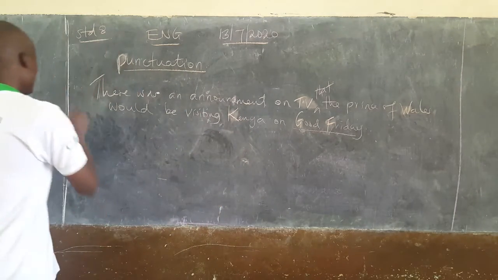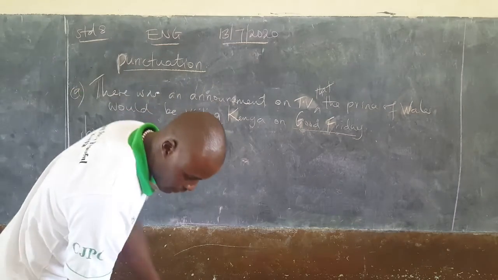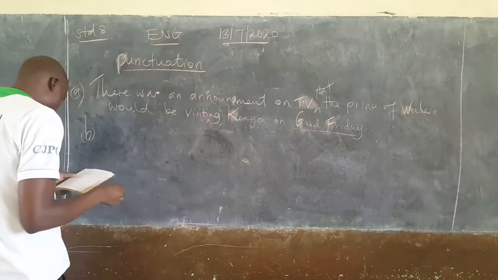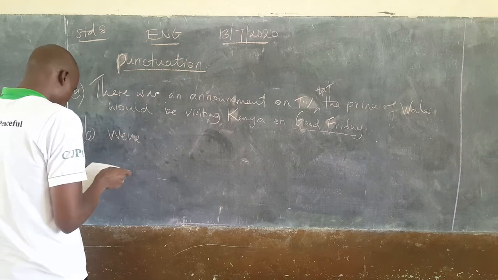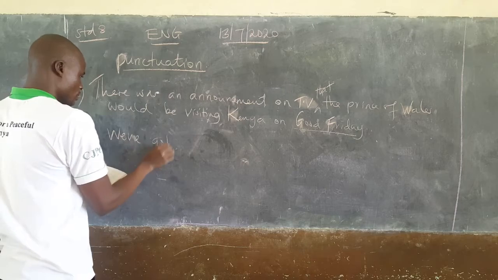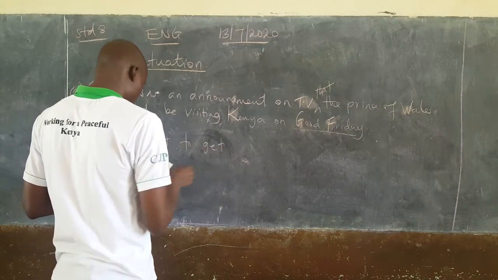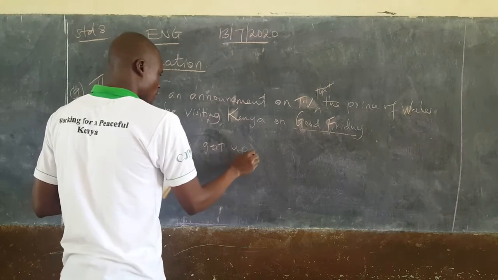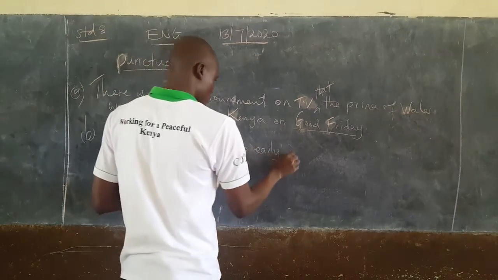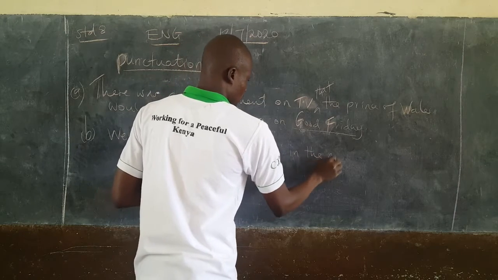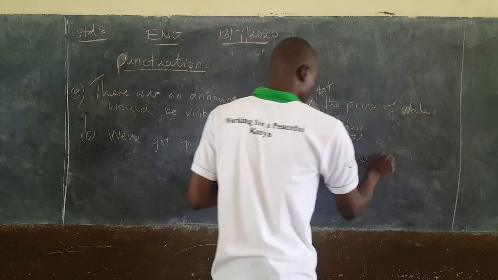This is A. Then we have B. You can say this, let me write it very fast. We've got to get up early in the morning.